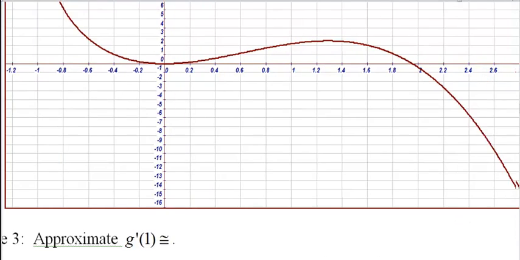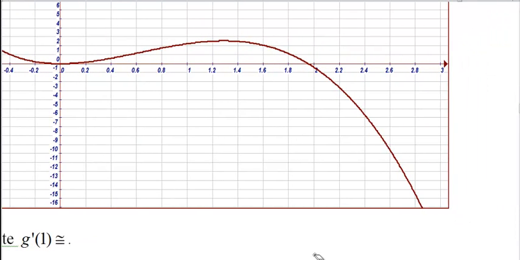Okay, look at that zoomed in picture. You tell me what g prime at 2 would be, or at least approximately what it is. Use the same technique we just did, and go ahead and figure it out yourself and come back and we'll check it in a minute. Press pause now.